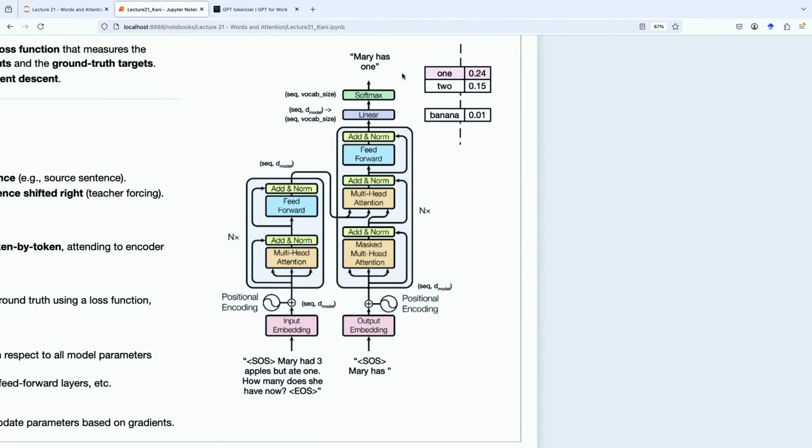Then if we want to generate the next word, we put Mary has 1 into the input here. We keep the embedding the same, and then we generate the next probability distribution for the vocab space. Okay? So that's how inference works.